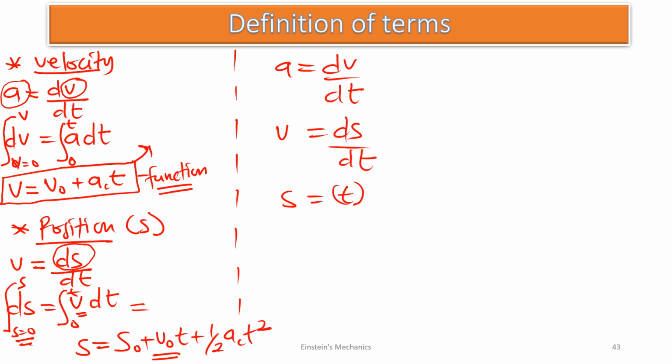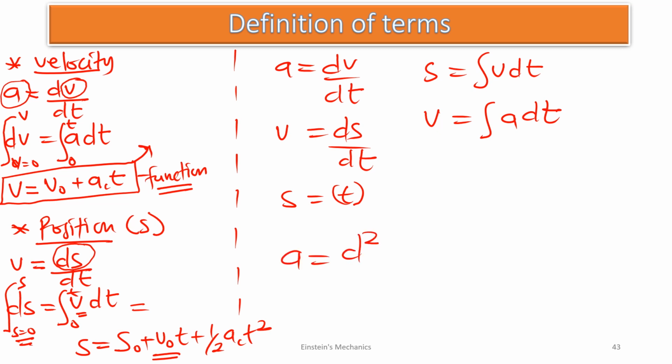The same way, if we are interested, we can say that when we integrate, s is equal to the integral of v dt, and our v is going to be the integral of our acceleration dt. Are we good? Remember, acceleration can also be gotten from the second derivative of distance with respect to time. Are we good? Let's solve a practical example so that we can see how best we will go by this.